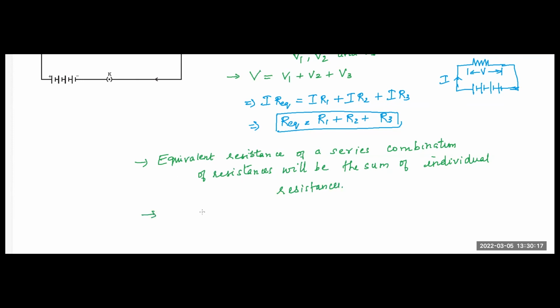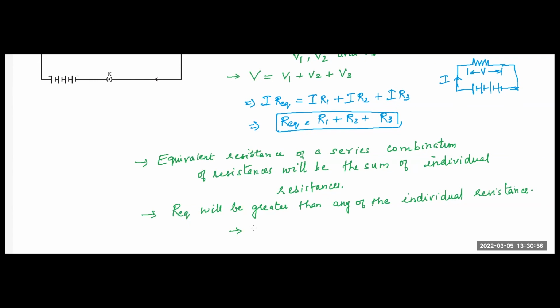Another point to note here is that the equivalent resistance, the final resistance that we get, R equivalent, will be greater than any of the individual resistances. So we can use a series combination if we want to increase the resistance in a circuit.